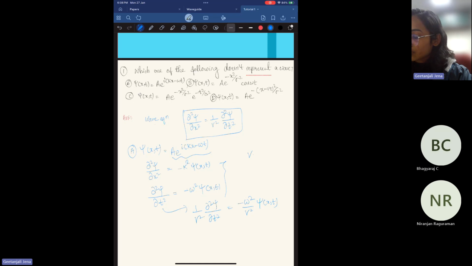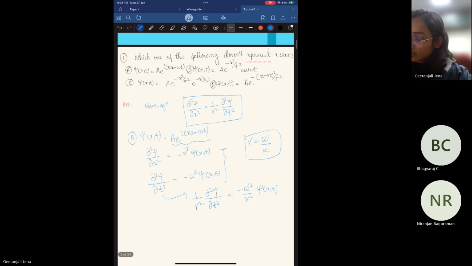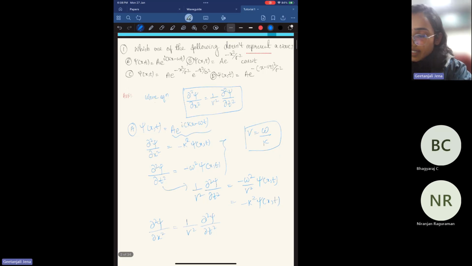Inside a medium, v is omega by k, so this is minus k square psi of x, t. This indicates that for this wave, dou square psi by dou x square equals 1 by v square dou square psi by dou t square. So this can represent a wave.